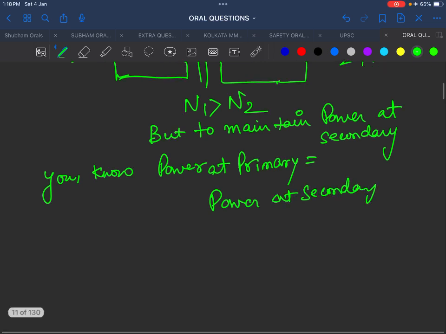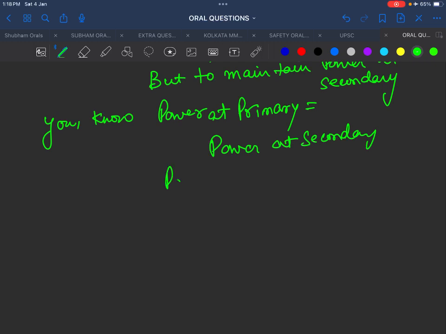Okay. So primary power equals secondary power. So V1 I1 equals E1 I2. So here power is the same.